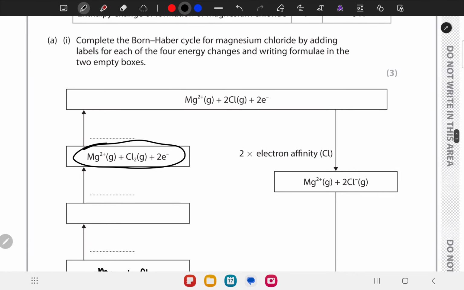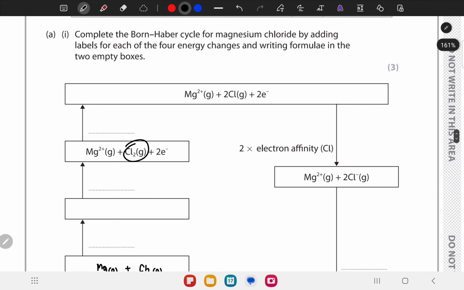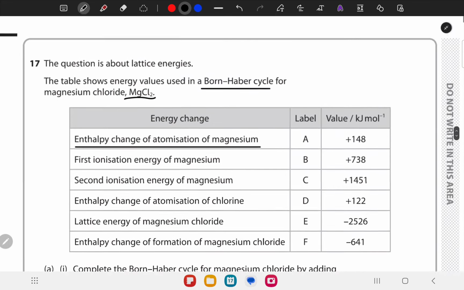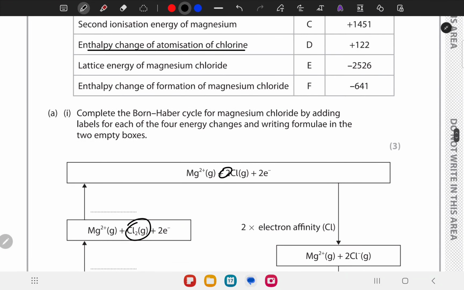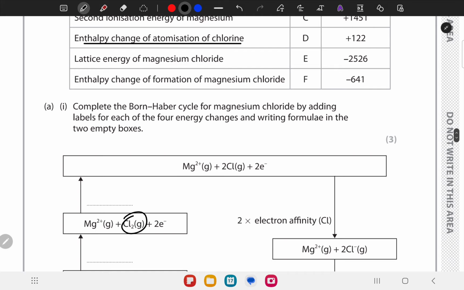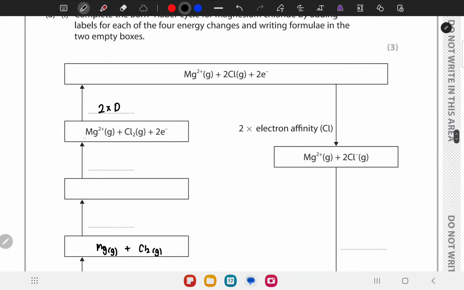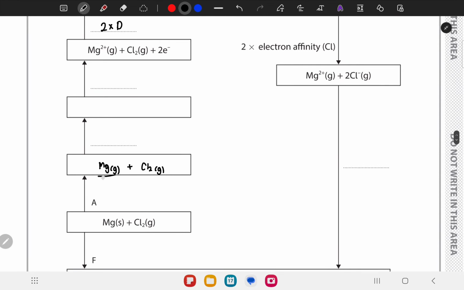We are given this step over here as well. From this, the change in the chlorine. So this is the enthalpy change of atomization of chlorine. Since 2 moles are formed, this will be 2 times D. And here we have magnesium 2 plus. In this case, we'll have magnesium plus gas plus Cl gas plus 1 electron.